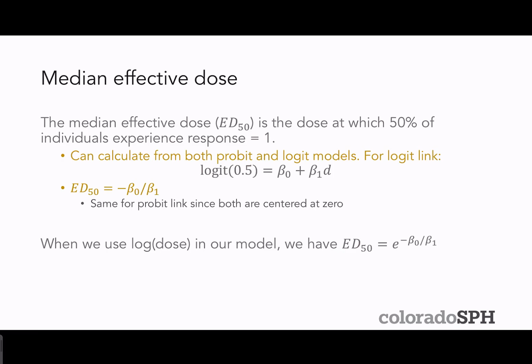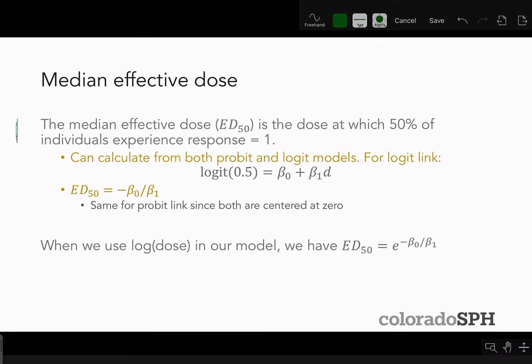So one way that you can choose to interpret these models other than log odds ratios, and you can use this for the logit or the probit link function, is using the median effective dose. Median effective dose, termed ED50, is the dose at which 50% of individuals experience a response equal to 1.